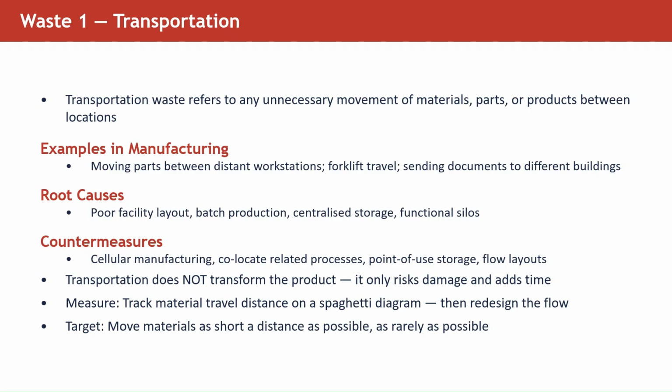The countermeasures are powerful, and you can apply them. The first is cellular manufacturing that co-locates related operations, point of use storage that puts materials exactly where they are needed, and flow-based layouts.